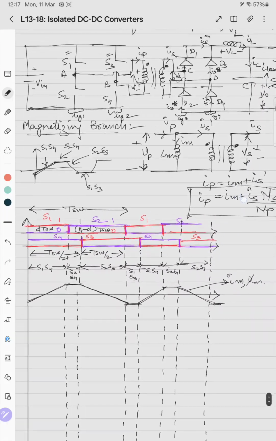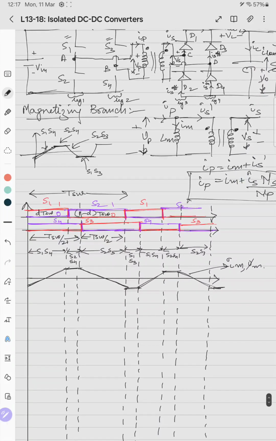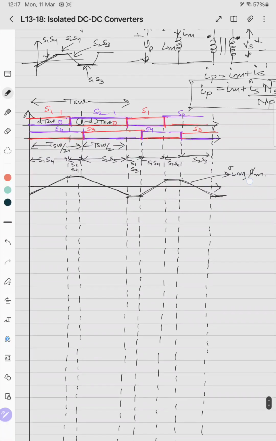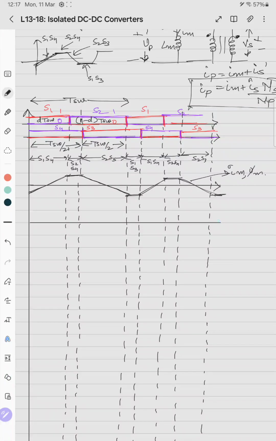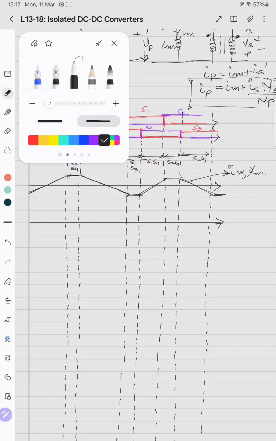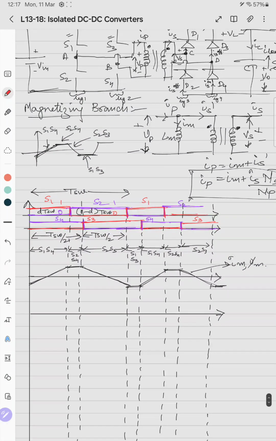Now we'll draw the waveforms of the switches. We'll start with VS1. So whenever S1 is on, the voltage across S1 is 0.